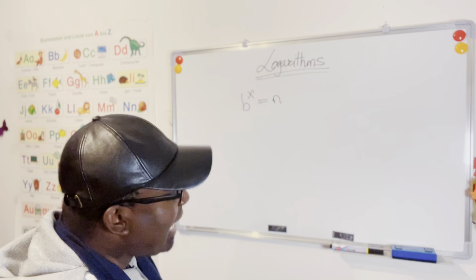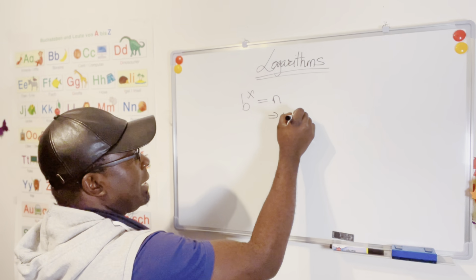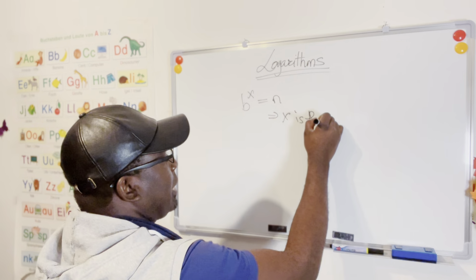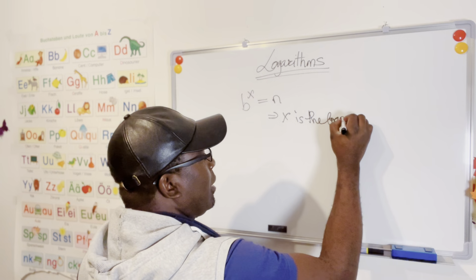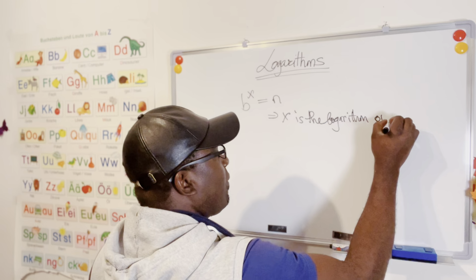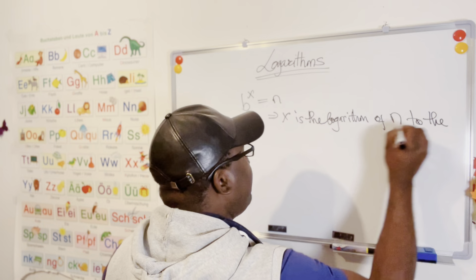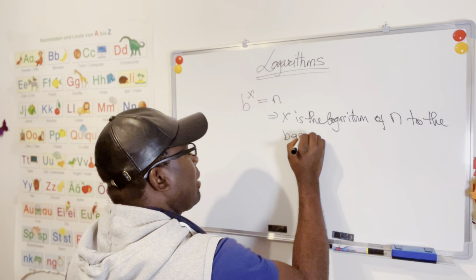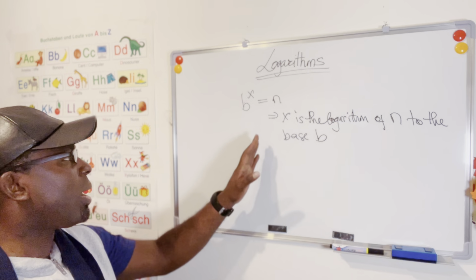It will now say x is the logarithm of n to the base b.